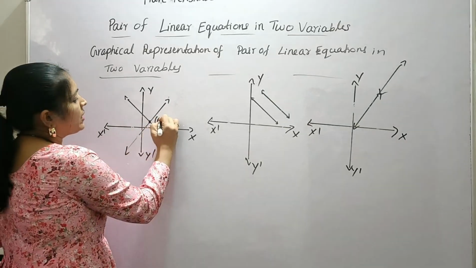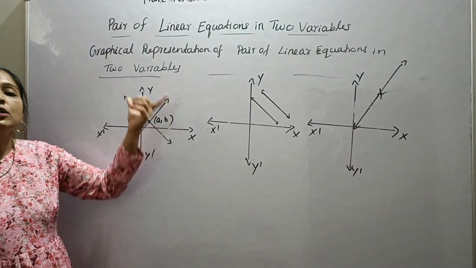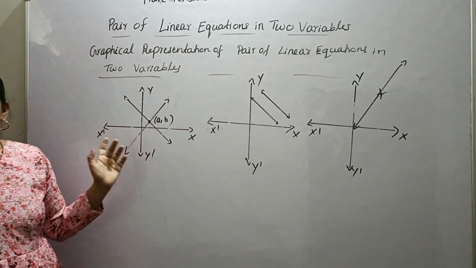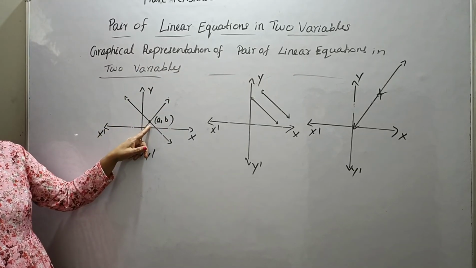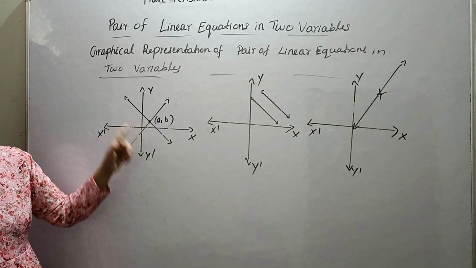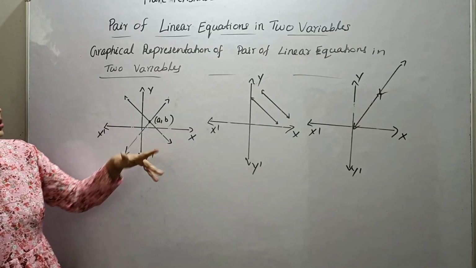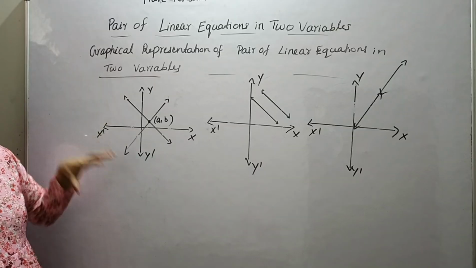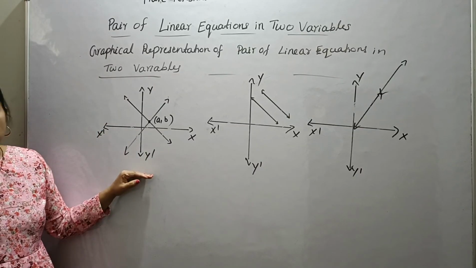Suppose it is the point (a, b), then we say (a, b) is the only solution of the given system of linear equations. That is, there is a unique solution. Remember, if two lines intersect at a point, there is a unique solution for the given system. Such linear equations are called consistent linear equations.